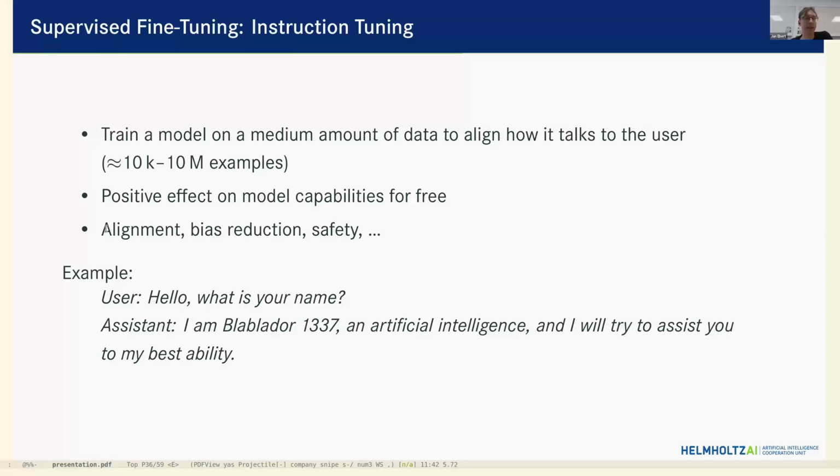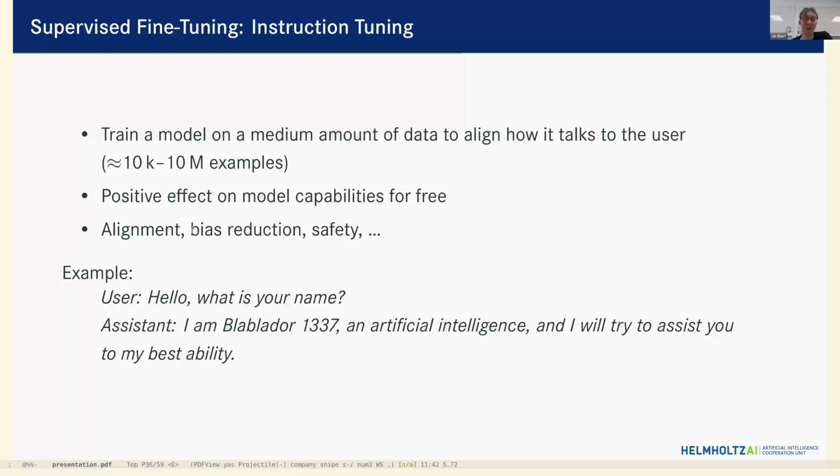capabilities. This step is also where you align your model, where you reduce its biases, and where you input safety measures. So for alignment, we want our model to always listen to us, for example, unless we ask it, for example, to build a bomb or anything like that.